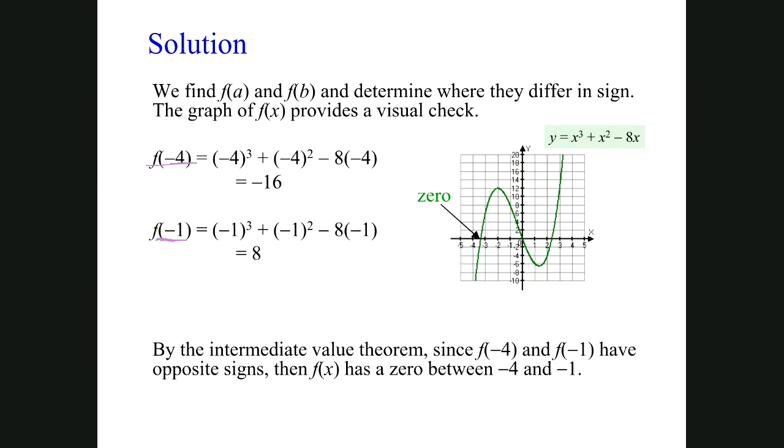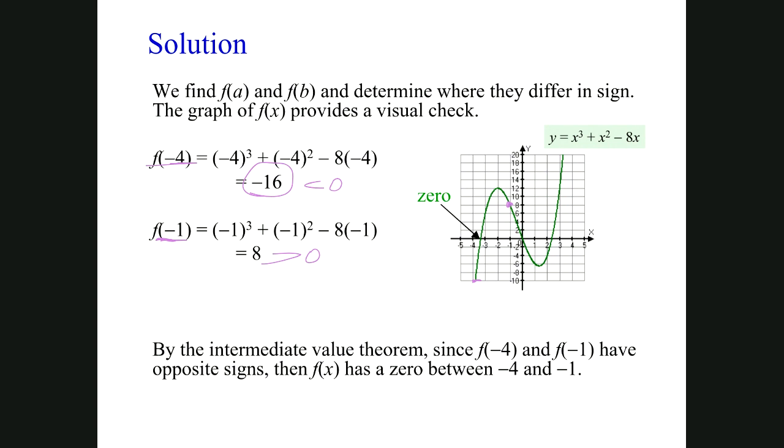Then look at this: y here at negative 4 is negative 16, negative. And when x equals negative 1, y is positive. So you change from negative to positive, right? So this is negative 4, this is negative 16, somewhere right here. And then this is when x equals negative 1, somewhere right here, right?